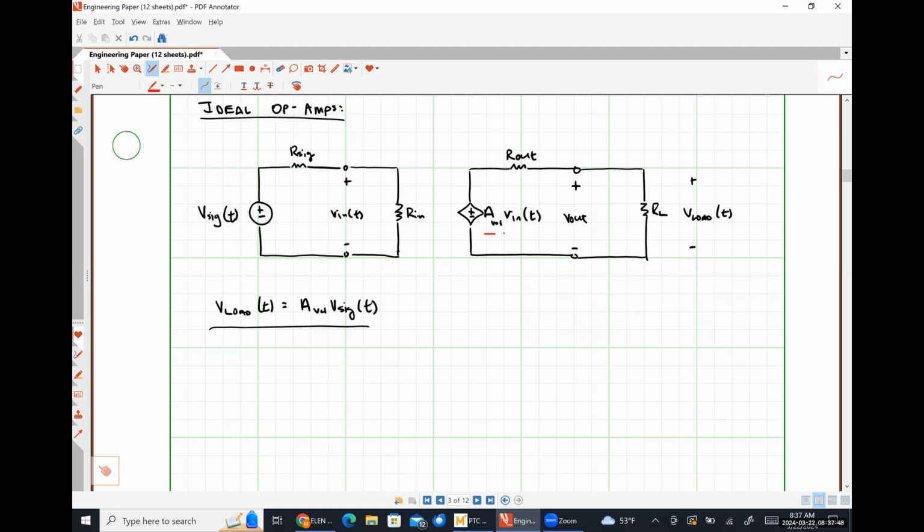So my question to you guys is, how do we make sure that this voltage V load here is the exact same as this voltage AVOL times VN here? What does the value of the resistor R out need to be to force those two voltages to be the same thing?